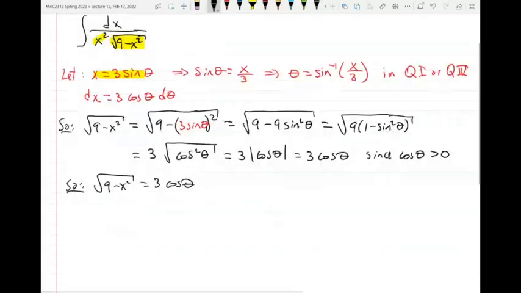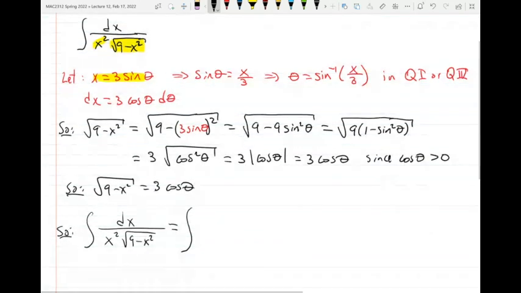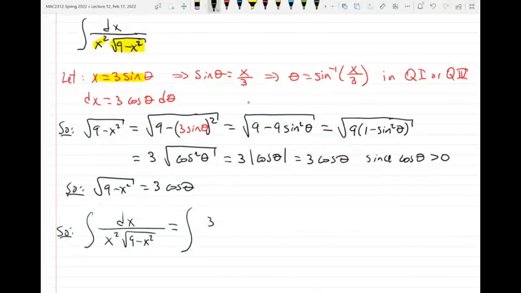And once we have done this, then we are ready to evaluate. So the integral that we wanted to compute, now with this substitution becomes, so what do we have for dx? dx is 3 cosine of theta. So we have that here, okay? Over, now what's x squared? That's 9 sine squared.